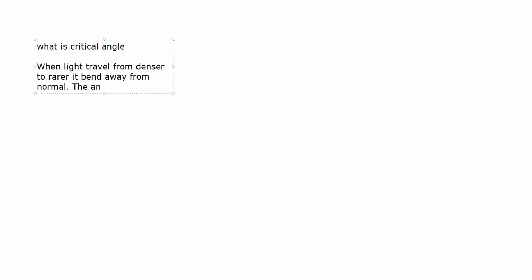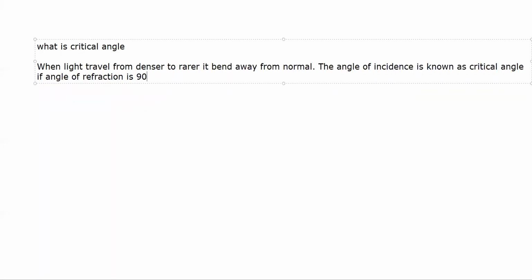The angle of incidence is known as the critical angle if the angle of refraction is 90 degrees. So when the light travels from a high density to a low density medium, it will bend away from the normal.